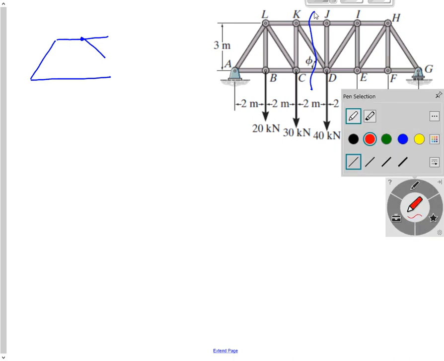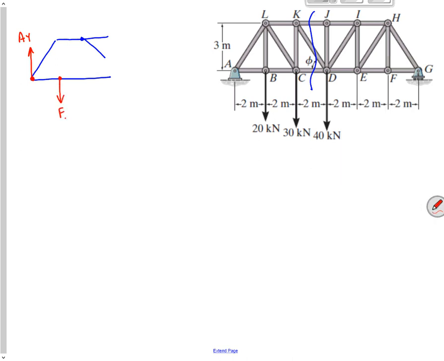I've got AY acting there, FB acting here, FC acting here, and I've exposed 3 forces in the middle of the beams. I'm not going to try to determine the sense, I'm going to make them all point out.